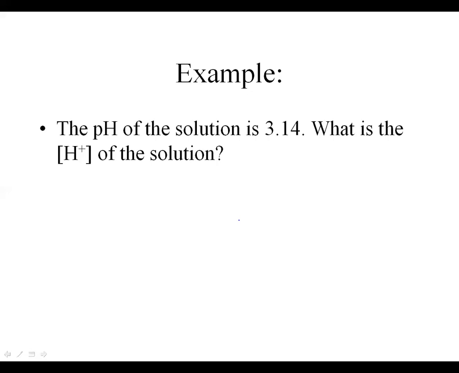And that means, again, when you put it on your calculator, you hit the inverse log, the second button and the log, 10 and a caret, you want to make sure you hit the negative, and 3.14 is basically what it will look like on most people's calculators. And when you get that, you'll get an H plus concentration, in scientific notation, of 7.2 times 10 to the minus 4.